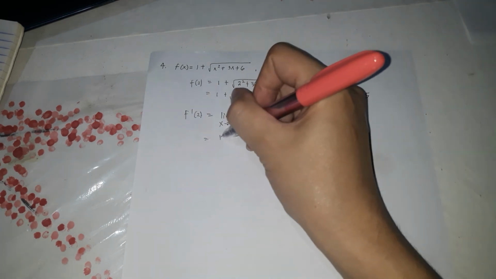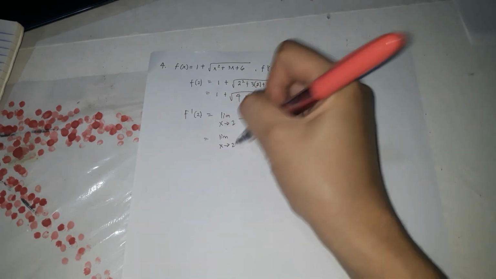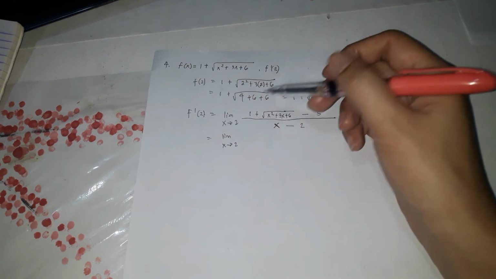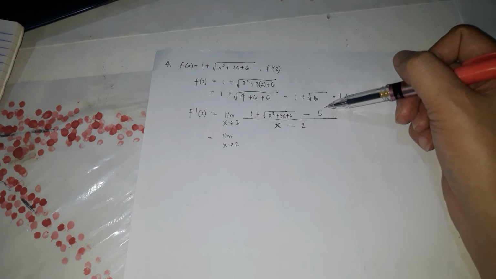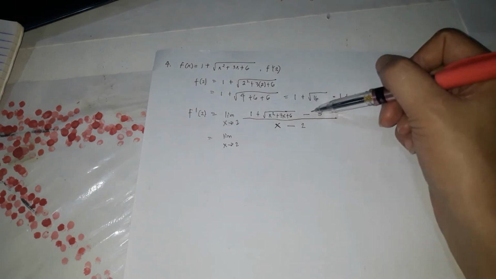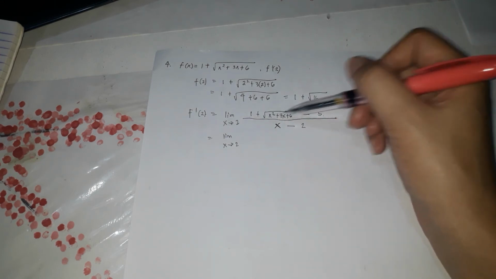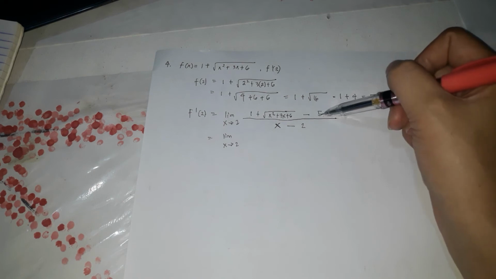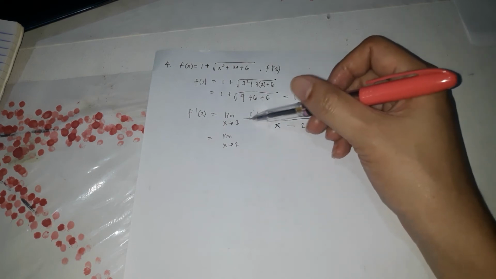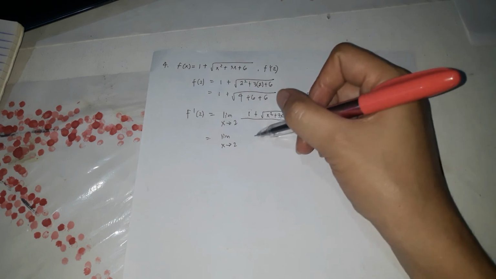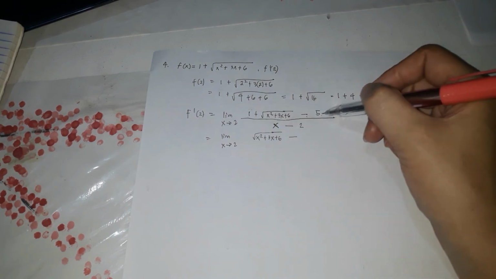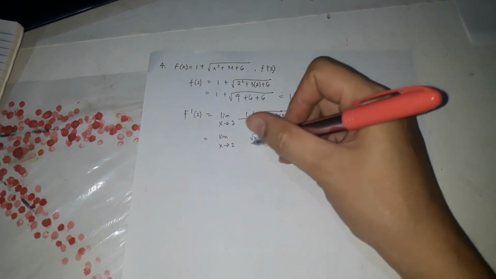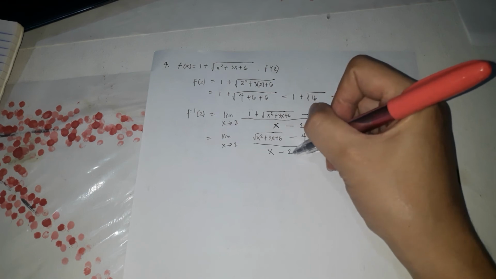So next, limit as x approaches 2. What we can cancel or solve here first is 1 minus 5, because we cannot subtract by 5 inside the square root. So we can subtract the 1: 1 minus 5 is negative 4, over x minus 2.